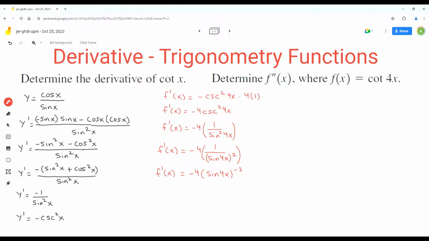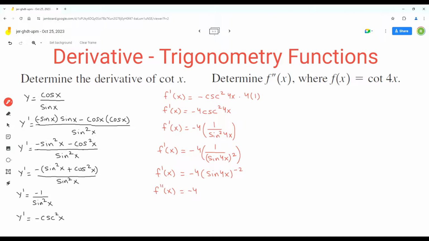Now we can use chain rule to find the second derivative of f at x, which is the derivative of the first derivative. So negative 4 is the coefficient of the term, so it will stay as it is. And now we'll have to use chain rule. Because the outer function is the exponent negative 2 and the inner function is sine 4x. So we'll start with the derivative of the outer function, and for that we'll have to use power rule.